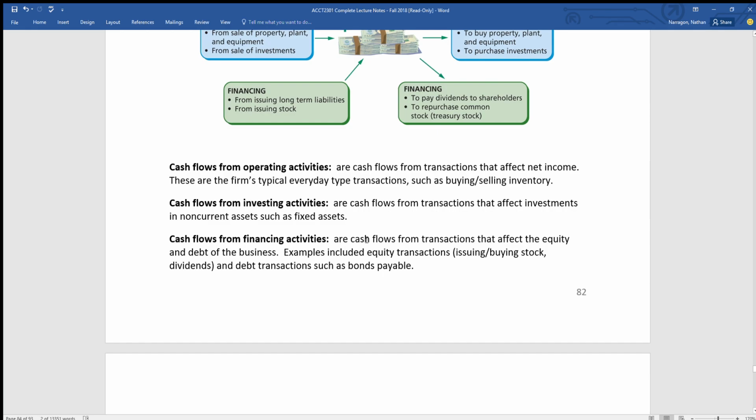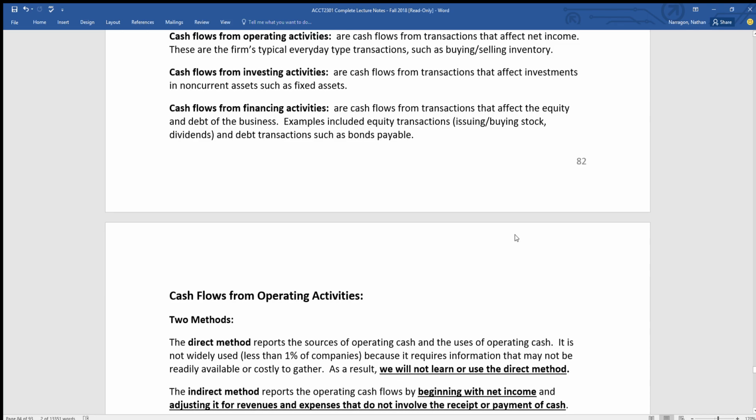And then again, financing is cash flows, transactions that basically affect equity or debt in the business. And of course, buying, selling stock, or issuing, buying back stock, dividends, and bonds, stuff like that. Okay.